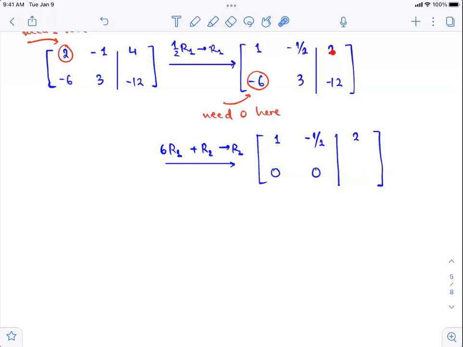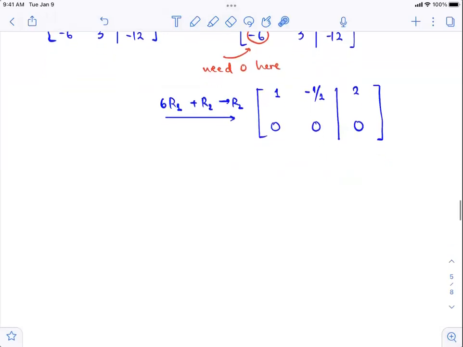And 6 times 2 is 12, added with -12 is going to be equal to 0. Right, so you can stop right here, because the last row is a row of 0s. There's nothing else that you can do. There's no way you can get the leading one anymore.